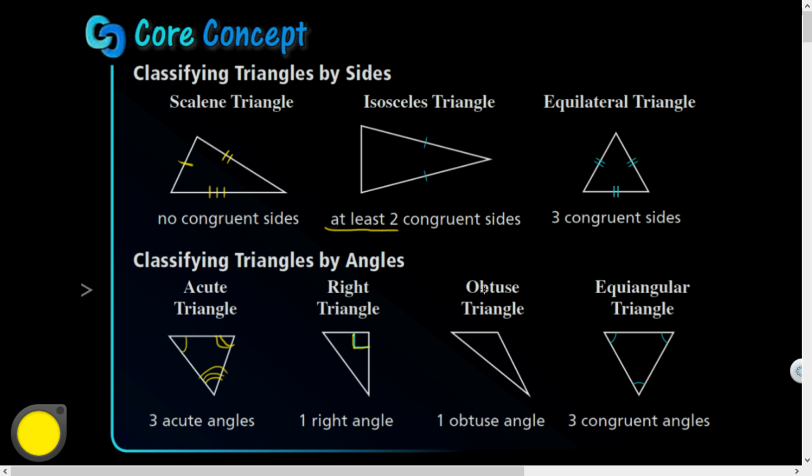Can it have more than one 90-degree angle? No. Like if I tried to draw that, here's a 90-degree angle, and then over here will be another 90-degree angle, and then these connect somewhere and make the, no, those are never going to cross.